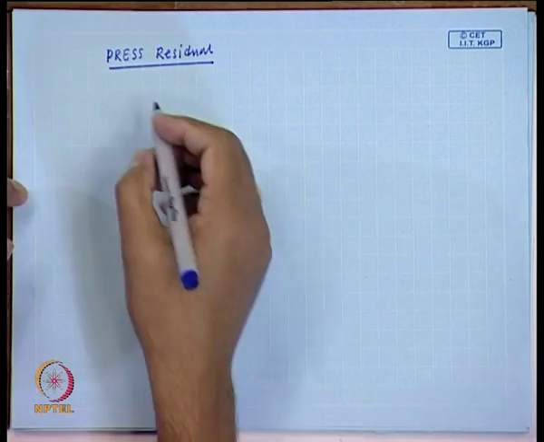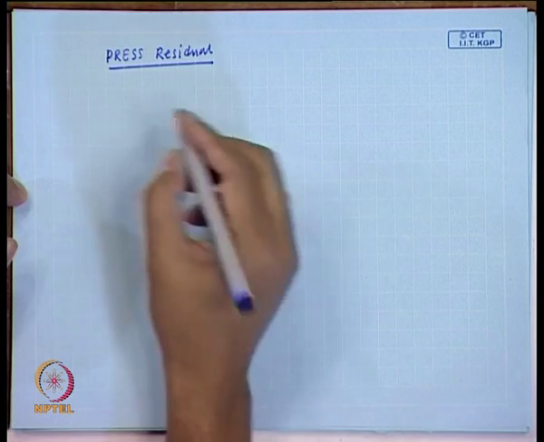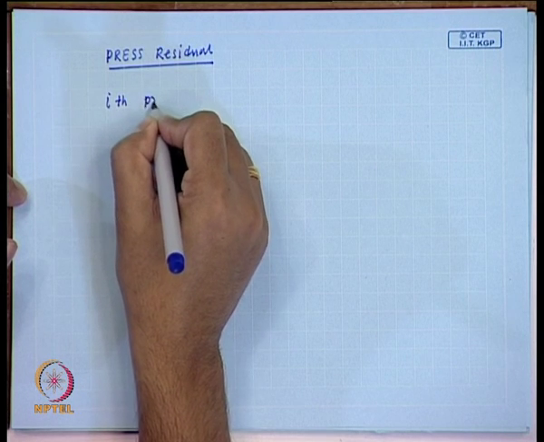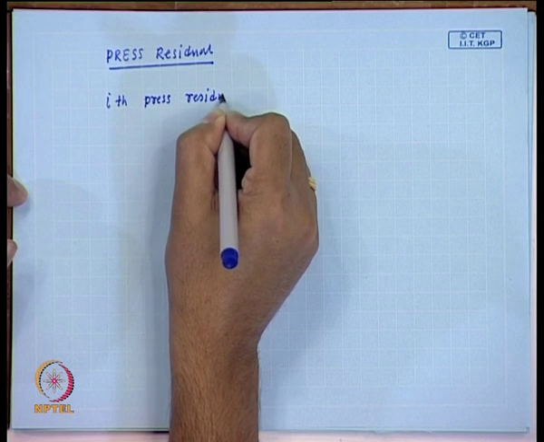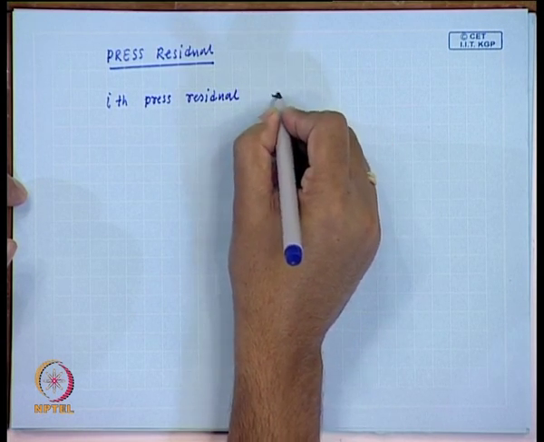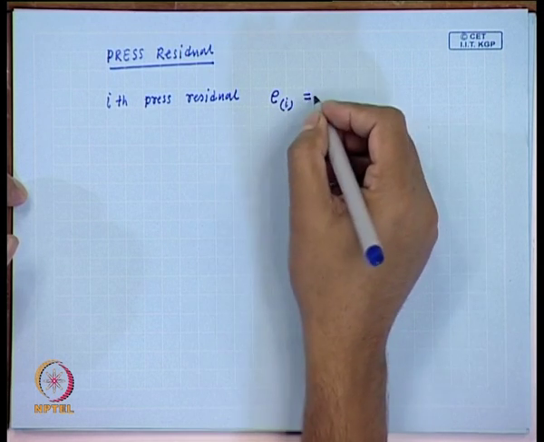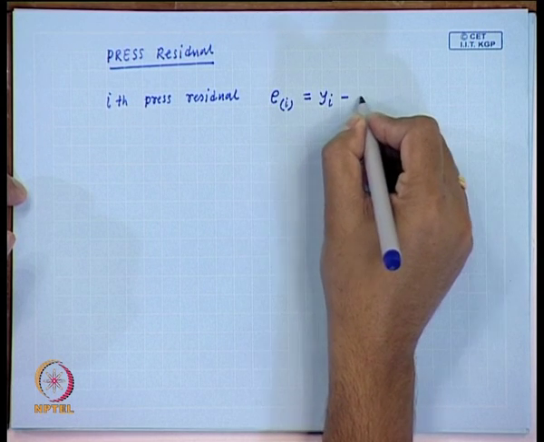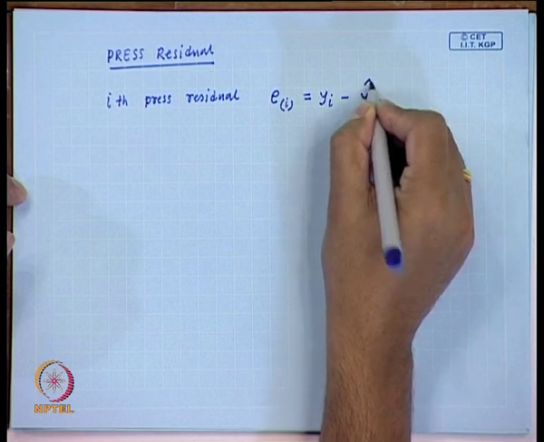It is a beautiful concept here. The ith PRESS residual is denoted by E bracket I is equal to y I minus y I hat.